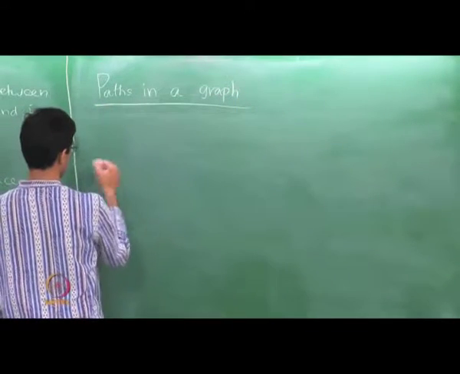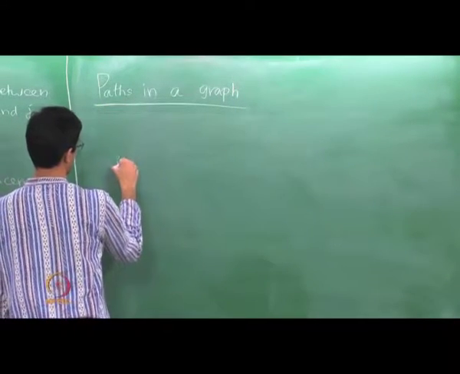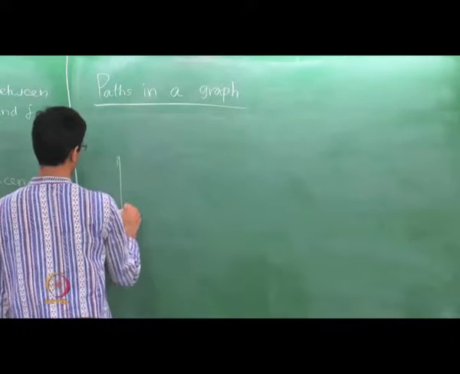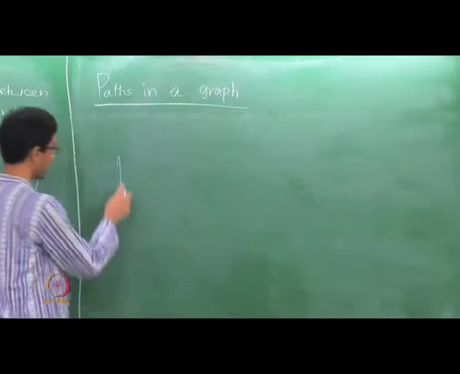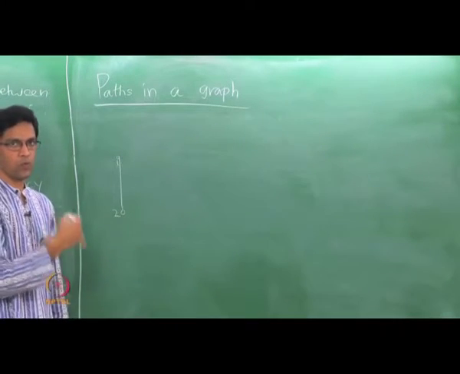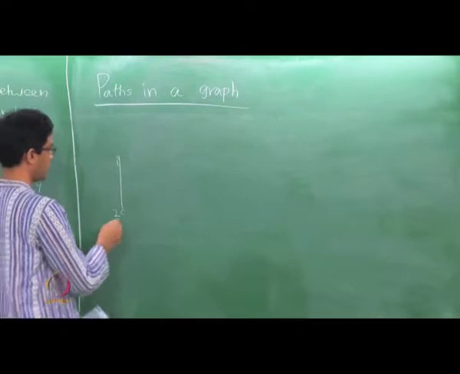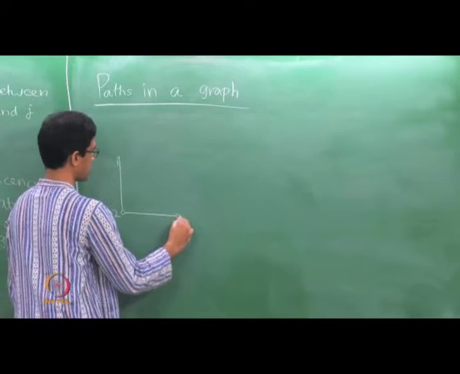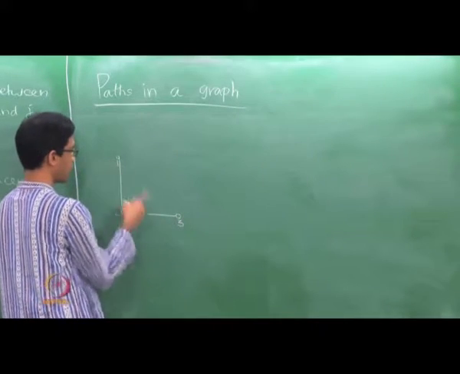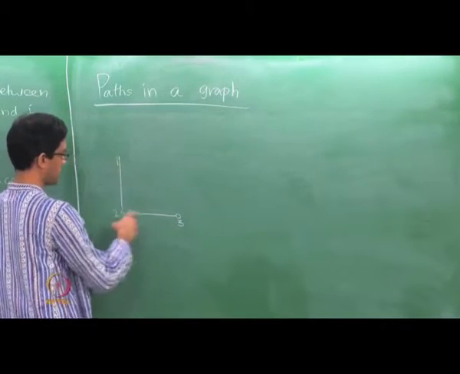So observe the edge. I have, say, 2 vertices, 1 and 2. Having an edge between 2 vertices is just, you can think of this as a path of length 1. Okay. Now you can extend that notion to, for instance, paths of length 2. So I can go from 1 to 3 by following a path of length 2, right?